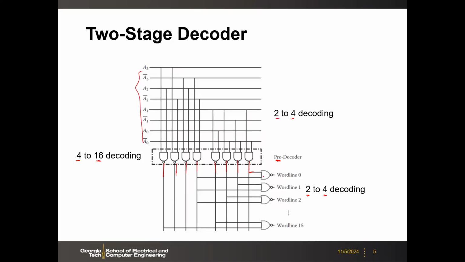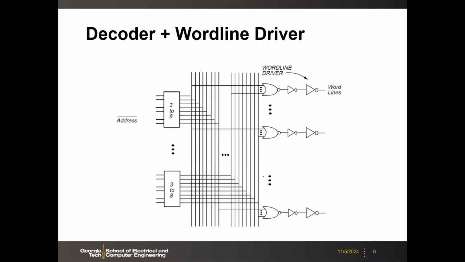And then let's continue. After the decoding, as I said, you will have many word lines. Typically before you drive the word line, because the word line will be very long and you have many columns, the signal needs to propagate through the word line. It's like you have a big capacitor node here.